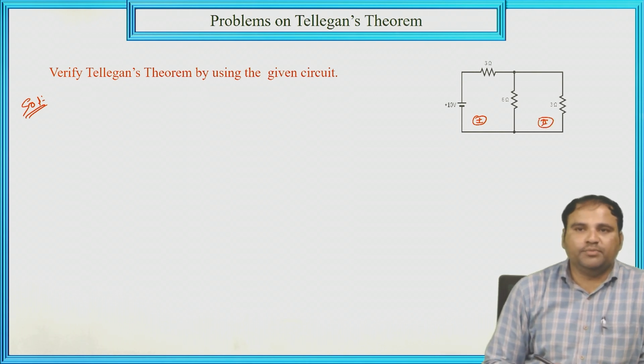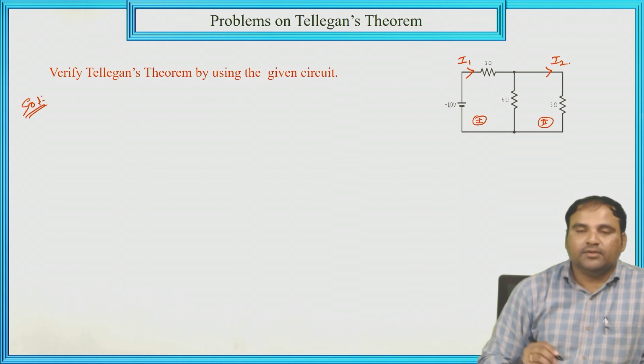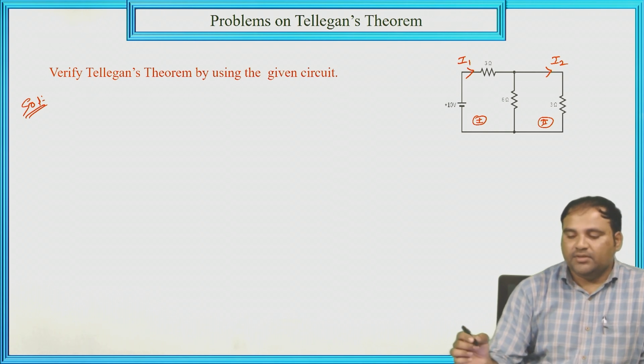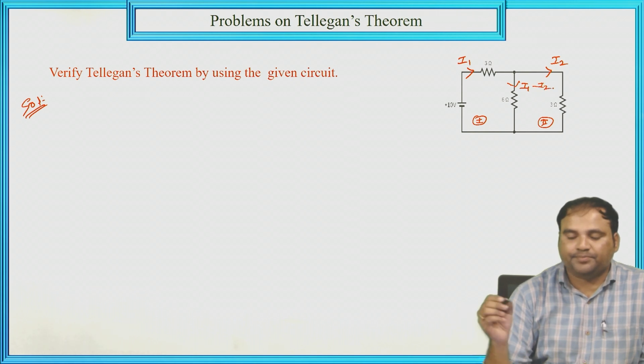Two loops means the required currents are 2. First loop current is I1 and second loop current is I2. Current through the 3 ohm is I1, current through the other 3 ohm is I2, and the current through the 6 ohm is I1 minus I2.